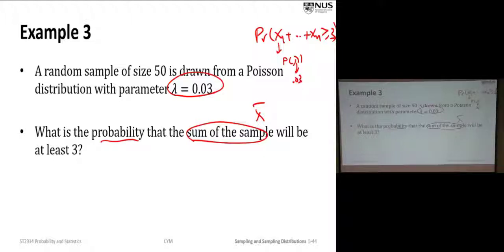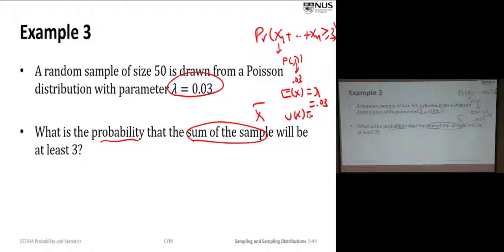Now you ask yourself, what is the expectation of x in this question? You have to have some knowledge about the Poisson distribution. For Poisson with parameter lambda, the expectation of x is equal to lambda, or in this case 0.03. How about the variance of x?